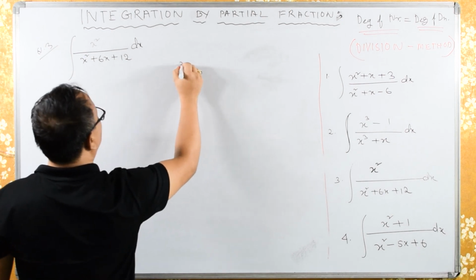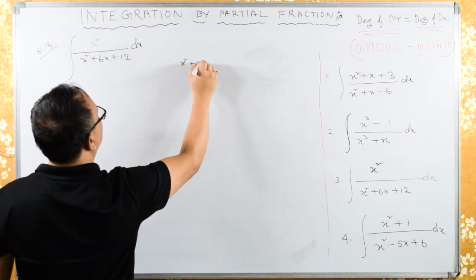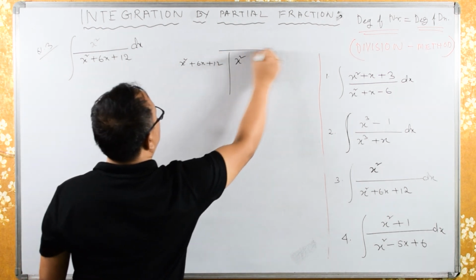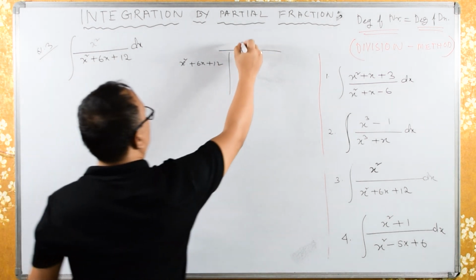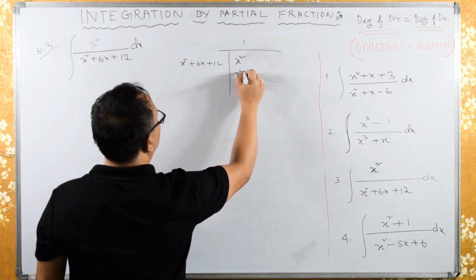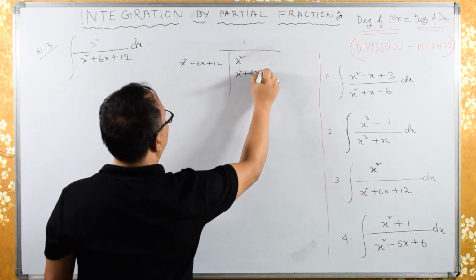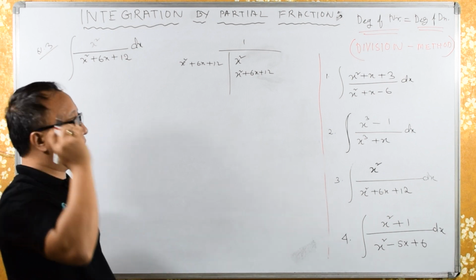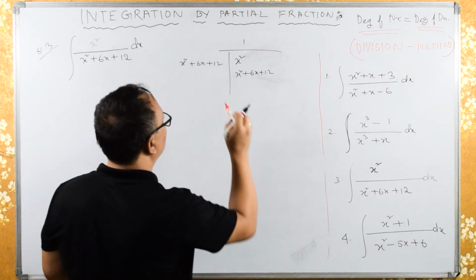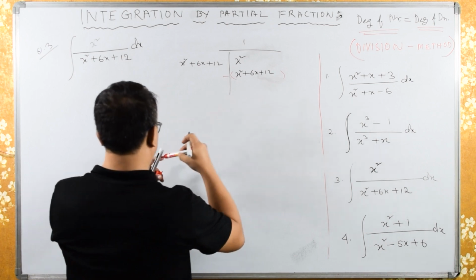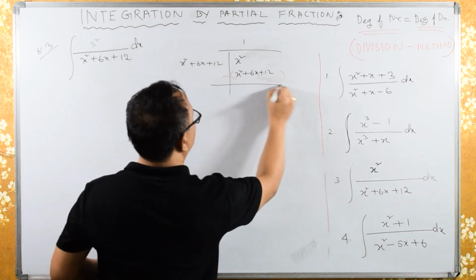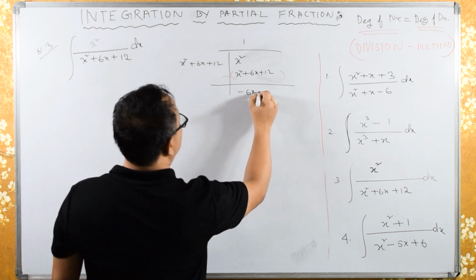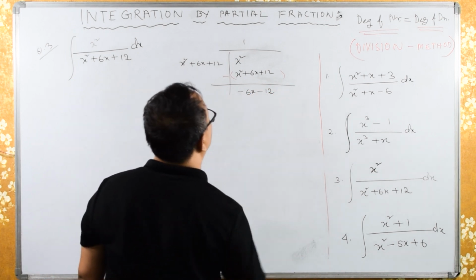So let's divide x square plus 6x plus 12 upon x square. Here we have 1 times x square plus 6x plus 12. This is a simple division algorithm. Minus: the x square cancels, minus 6x minus 12.